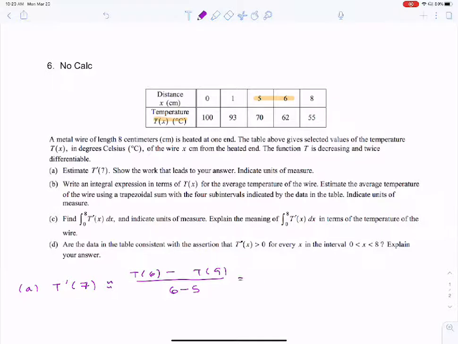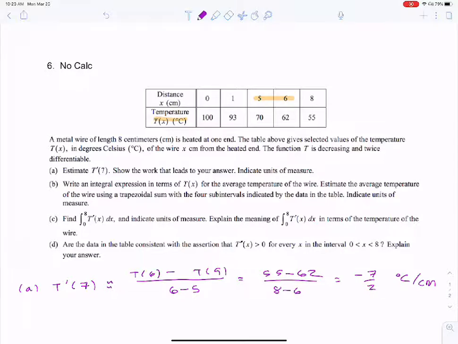So that gives us 55 minus 62 over 8 minus 6, which gives me negative 7 halves. And they did ask for units, so we are taking temperature and dividing it by distance, so that is degrees Celsius per centimeter.